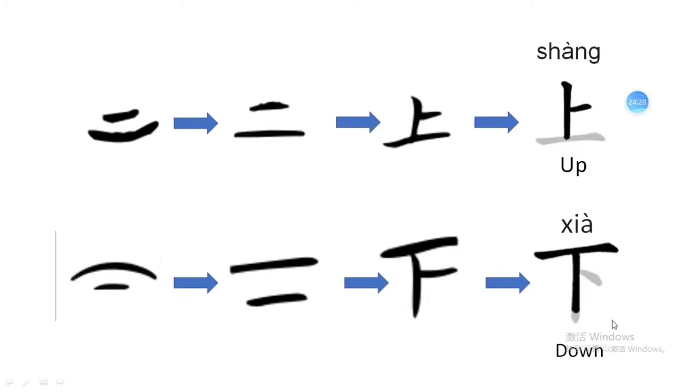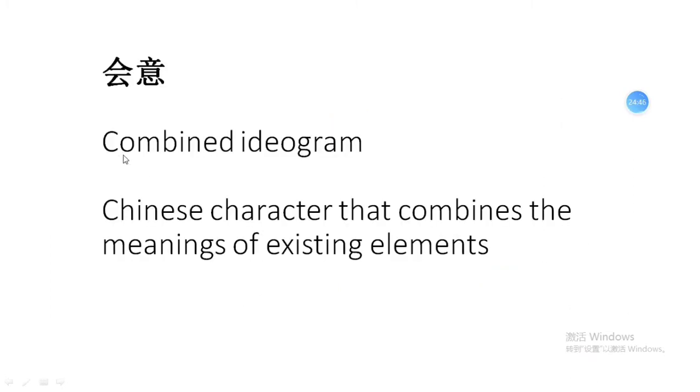Okay, so 上, this is 上, this is 下. 上 means up, 下 means down. Easy? Very easy to remember, right? See? 上 and 下.